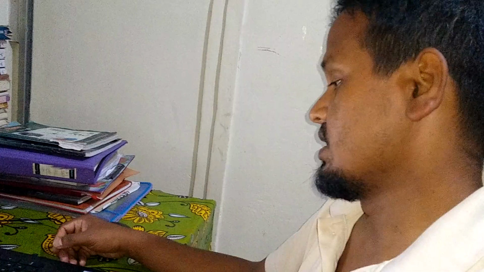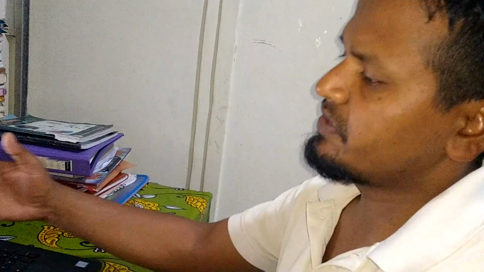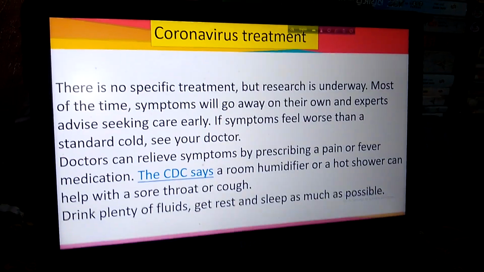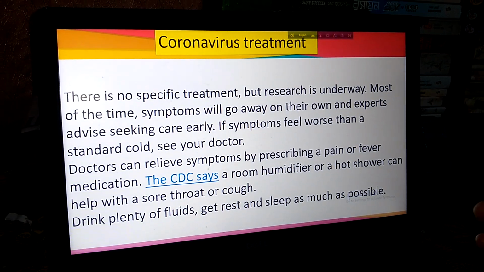And because this virus still doesn't have any specific treatment. And we have seen the way people are coming from abroad into our country, the foreigners, the Provashi, Bangladeshi Provashi, Italians, and many people from different countries, still they are entering our country.